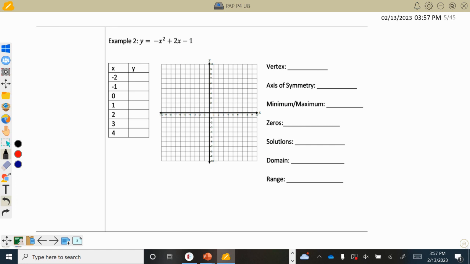Go to y equals, type in our equation for negative x squared plus 2x minus 1, and then do second graph to look at your table. And the points you're going to get, at negative 2, your y is negative 9. At negative 1, it is negative 4. At 0, it's negative 1. At 1, it's 0. And then we repeat again.